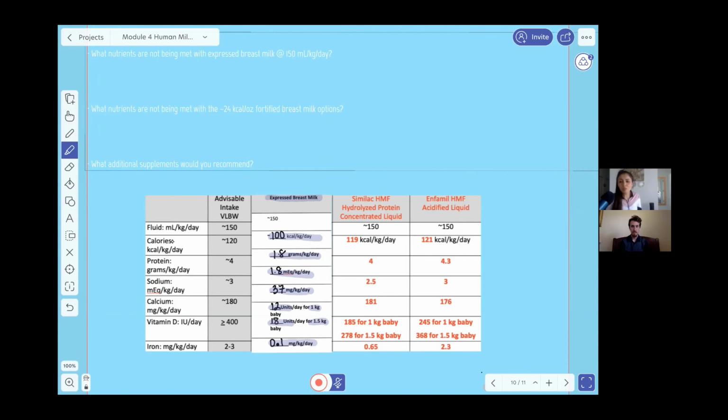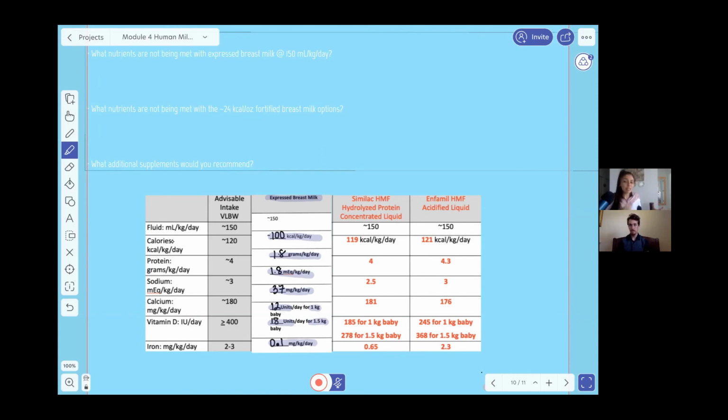So this brings us back to the point that I made in the beginning in our key points. Express breast milk alone for premature infants is just inadequate. And that's why we still give it to them, because there's a whole bunch of other benefits to giving breast milk to a premature infant.